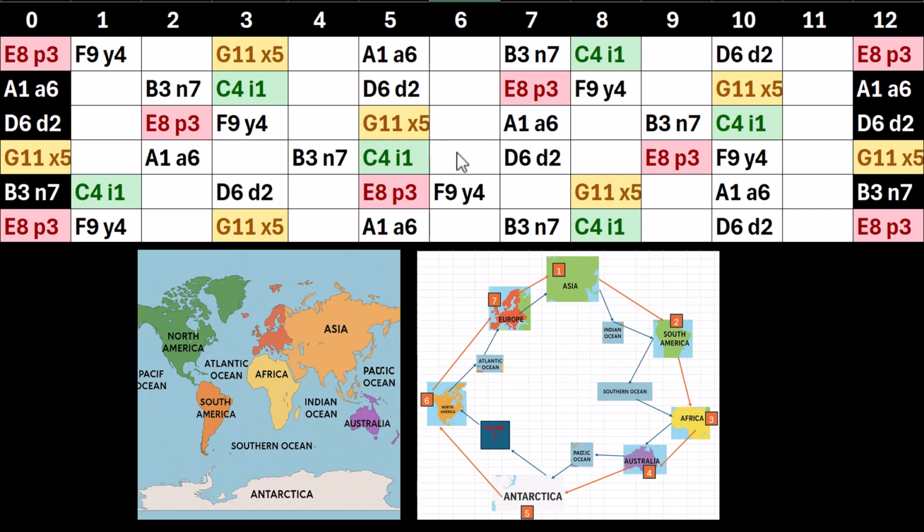So what you have to do is take the inverse distance, and I'd say, okay, well, 12 minus 7 is going to be a distance of 5. So if I measure from this D to this G, I'm going to call it a 5 note away, which would be a perfect fourth, even though that doesn't exactly make sense, because you can clearly see that the difference between these two is 7.